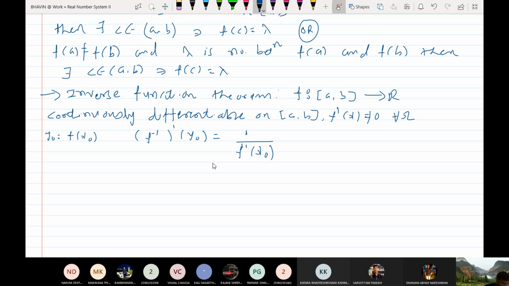That is monotone. And yes, this is the statement: f inverse dash y0 is equal to 1 upon f dash x0. Now let us see some examples.